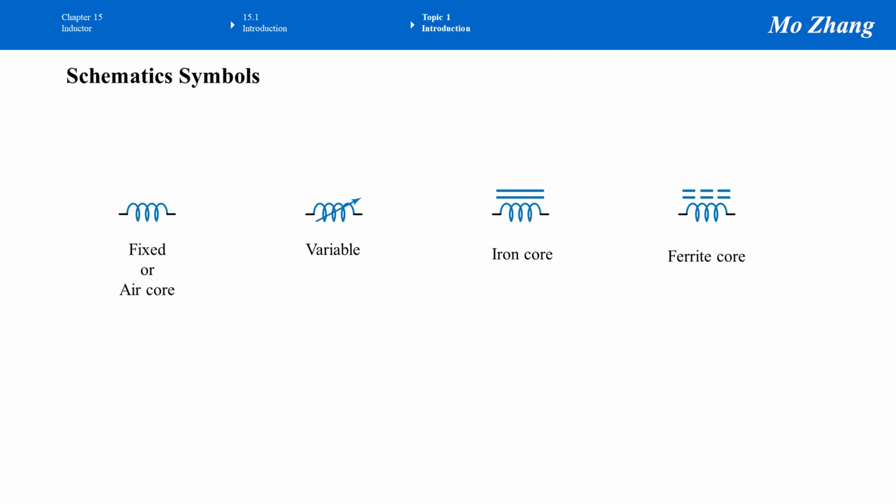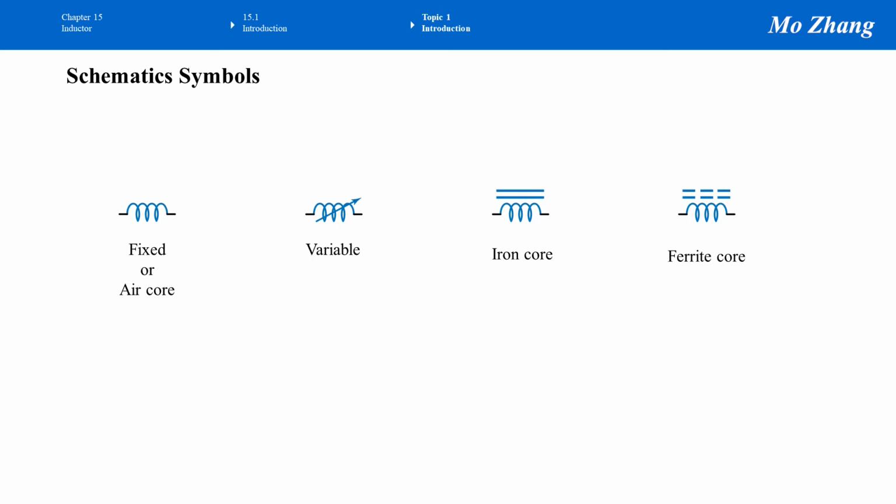For many variable inductors, they have a screw on it. To change its value, we can simply take a screwdriver and spin this screw to change its value mechanically, manually. The third symbol represents an iron core inductor, which is an inductor that has an iron core inside the coil. The last one is a ferrite core inductor.